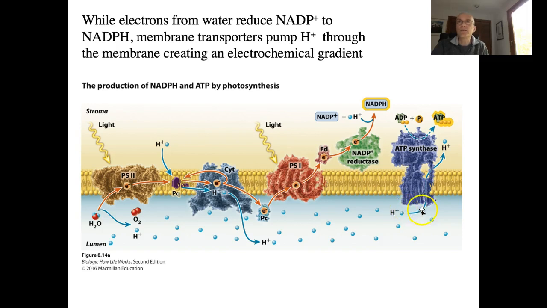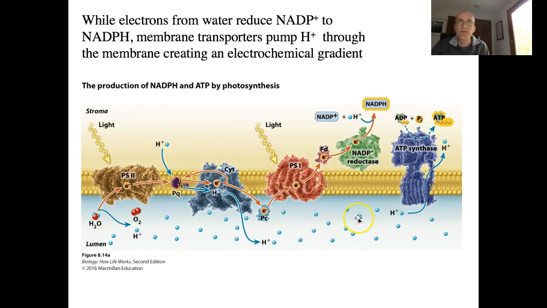And the hydrogens push this blade, and with every turn of that blade, the energy of the hydrogen movement is changed into chemical energy, because that allows this enzyme to put ADP and Pi together, sort of click it together, and out pops ATP. So that's what's happening with this electrochemical gradient. The electrochemical gradient that is set up is used to produce ATP by hydrogen flowing through the ATP synthase.